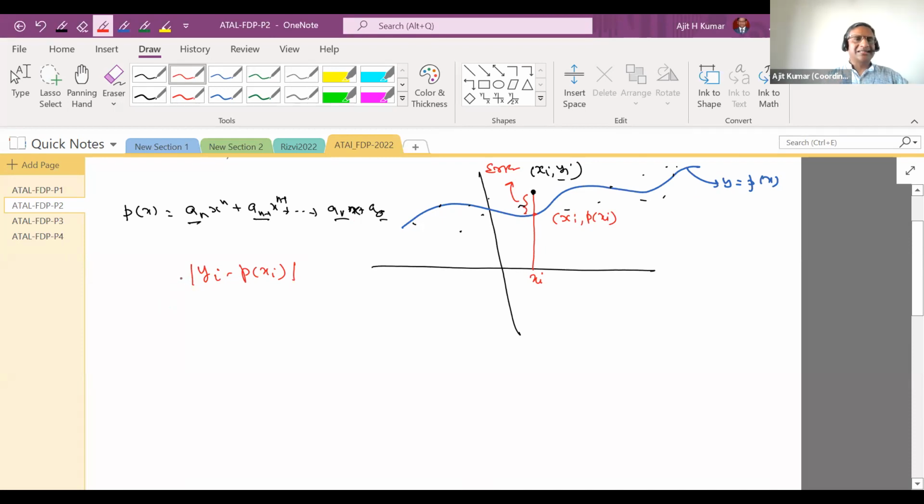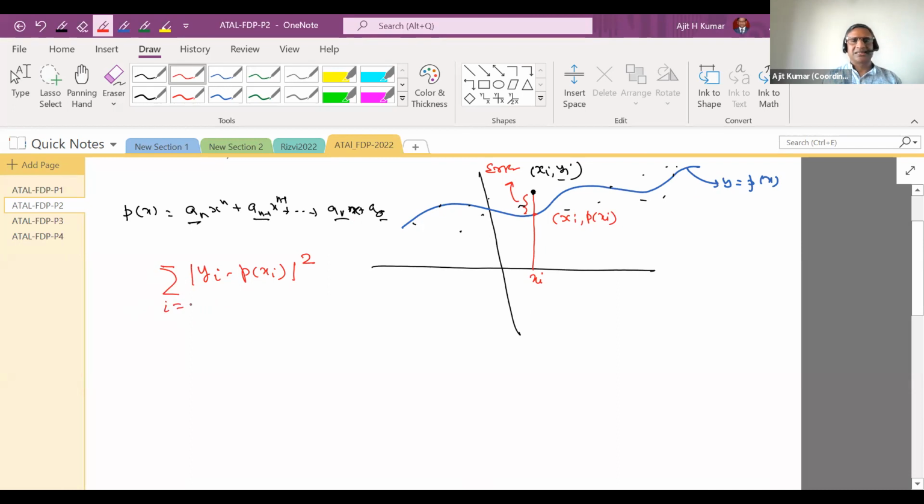In order to minimize this, I can take the sum of all these. But then again, if I want to minimize and use calculus, we can take the square of this. We have to do this for each and every point.